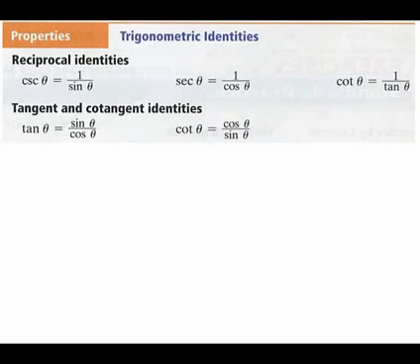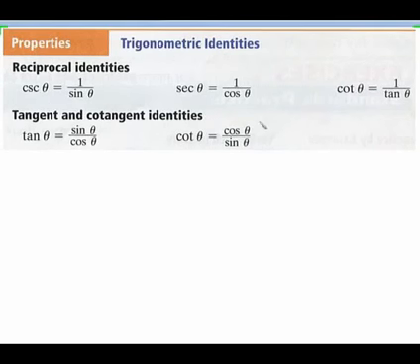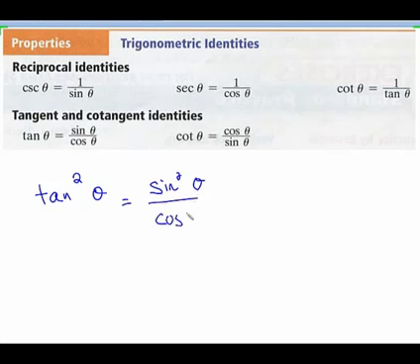So one thing you need to understand about these trig identities, we know that tangent theta is equal to sine theta over cosine theta. So let's say you're given tangent squared theta. Well, since tangent is being squared, that means you can also square these values right here, okay?